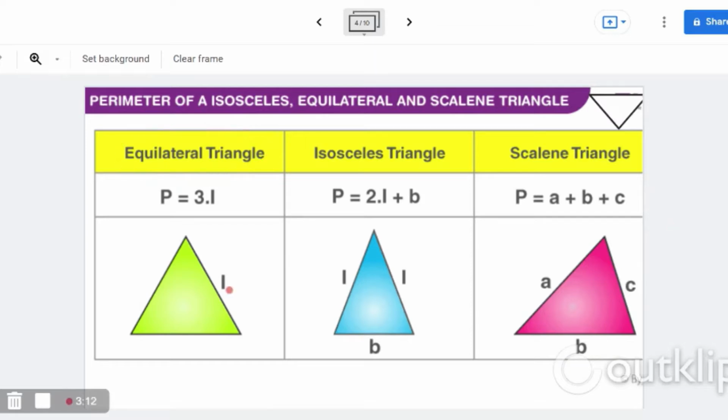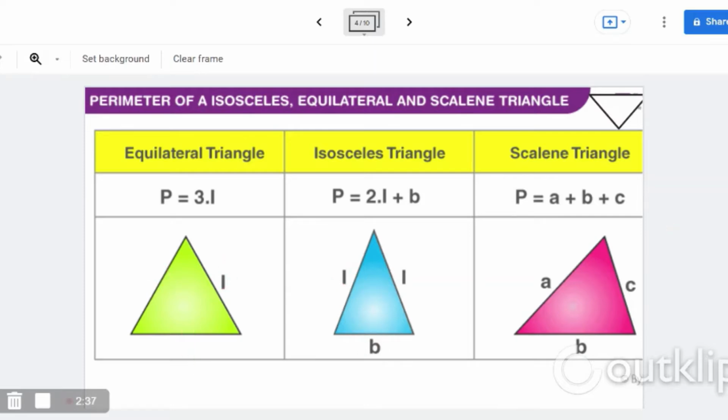Equilateral triangle means if this is L, this is also L, this is also L, that means all the three sides are equal. Whereas in an isosceles triangle, these two sides are equal, L, L, and the base is different. And the third one is a scalene triangle, in which all the three sides are totally different. It has got nothing common. Here two sides are common, one side is different, and here all the sides are common.